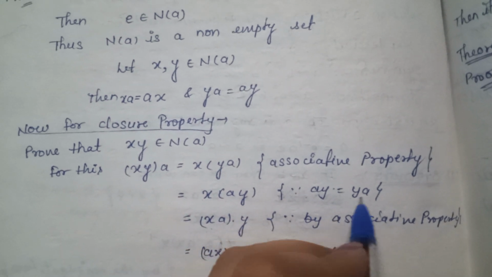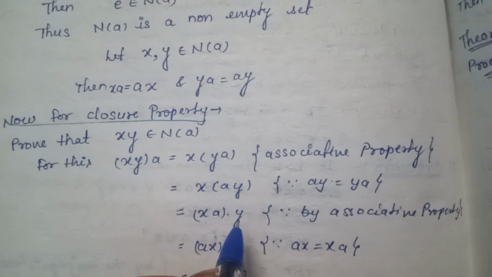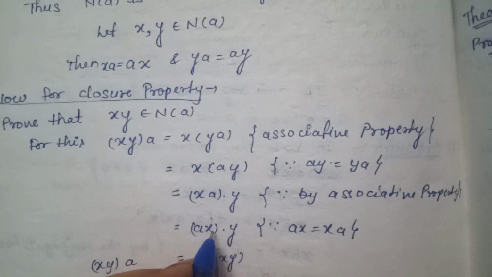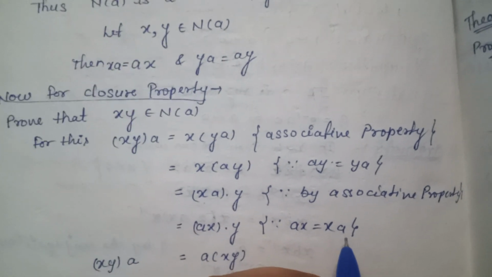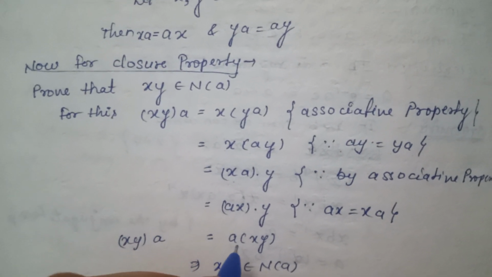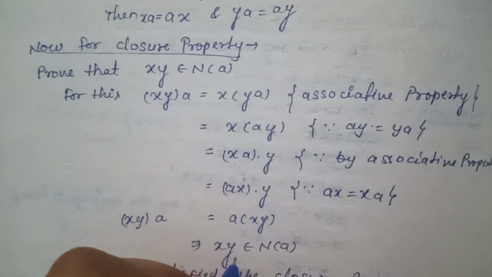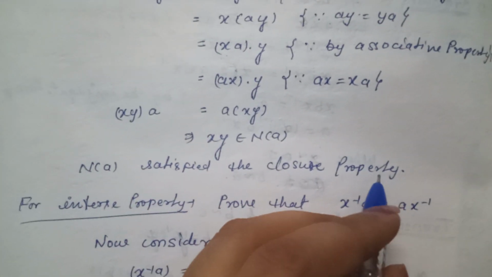Since ay is equal to ya, so (xa)y, by the associative property, (ax)y, because ax is equal to xa, then (xy)a is equal to a(xy), which implies that xy belongs to N(A). Now N(A) satisfies the closure property.